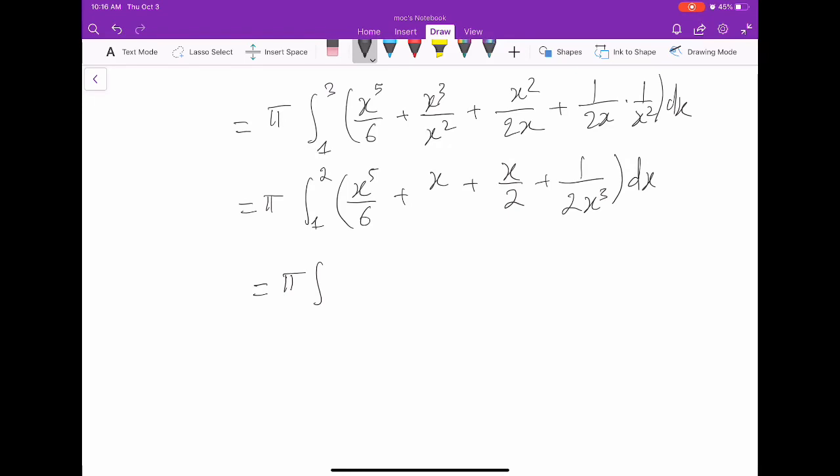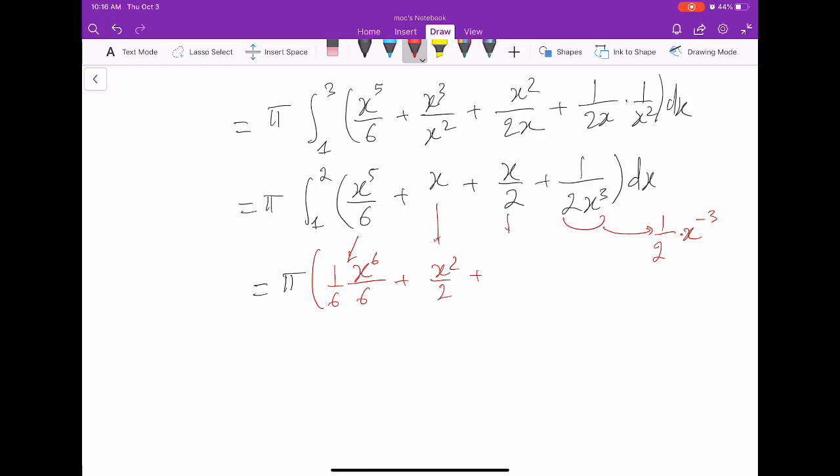Okay, let's do it right here. So I will erase this. I will write the antiderivative right away. Before that, we just change this from 1 to 3. Okay. So the antiderivative of this term is x to the 6 over 6, times 1 over 6, right? Plus x squared over 2.